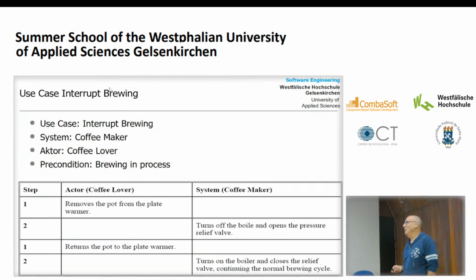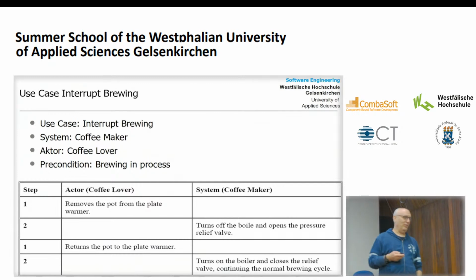If you remove the pot from the plate warmer, then you turn off the boiler and open the pressure relief valve so that no more water is running through the machine. After we have poured some coffee in the cup, we return the pot to the plate warmer, and then the boiler turns on, closes the valve and continues the normal brewing cycle. Okay, we have to develop a way that we can interrupt the brewing process like this.